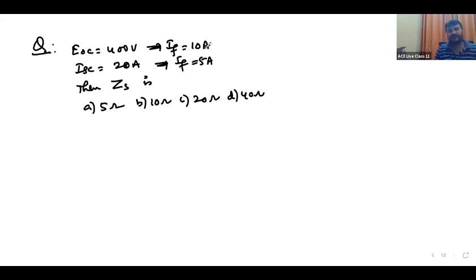That is important. But he has not given different values, so you have to calculate ISC for 10 amperes. ISC is equal to 40 amperes at IF equal to 10 amperes.